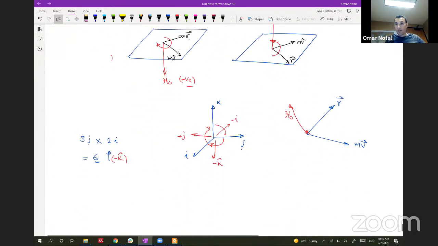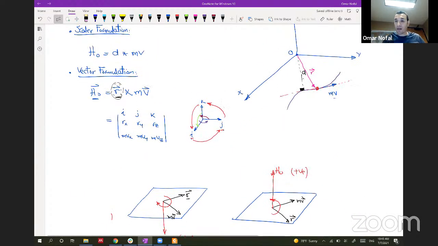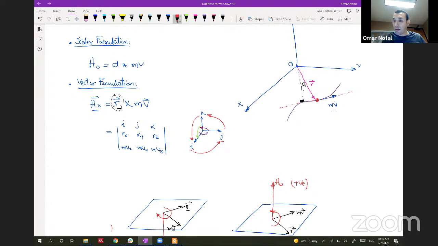All right, so for the H_O, you multiply the R vector here by the mV vector. I can extend the R vector so they come out from the same point. This is the direction of the R vector. When you multiply the R vector by the mV vector, I go from R to mV, so my curl will be going like this, and the multiplication will be going up.